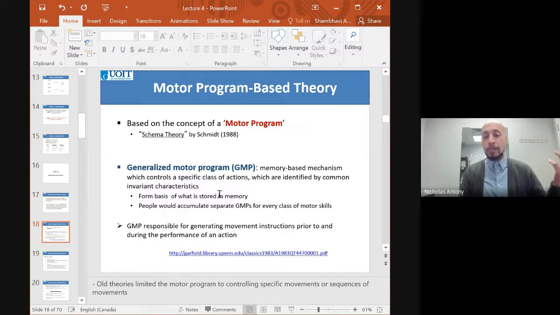Whether it's in our conscious memory or in our cerebellum, and we developed an understanding of what the cerebellum was as this information was coming to light. But this is what's stored when we learn something. When we learn a motor skill and never forget it, we're learning the motor program. And so we've accumulated throughout our life a motor program for every motor skill we've learned, which makes sense, right? Except when we think about all the different things we're able to do, it's a lot of information.